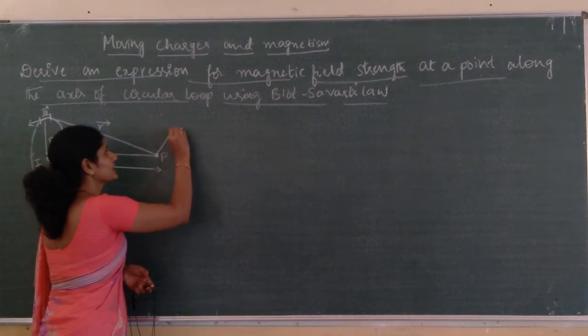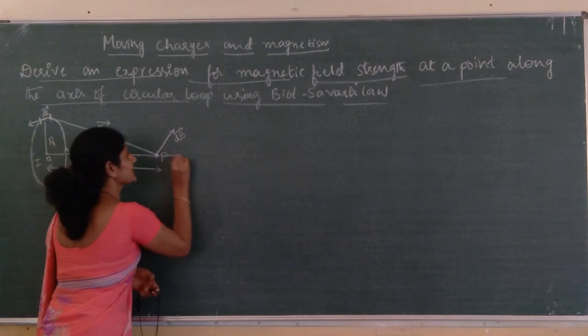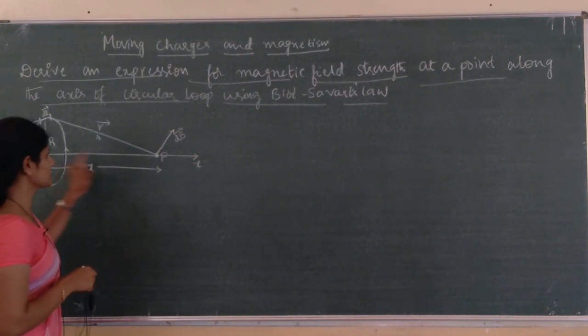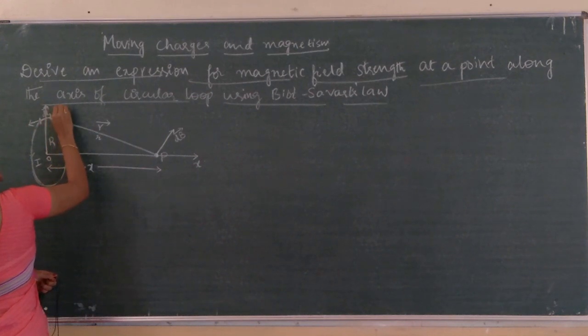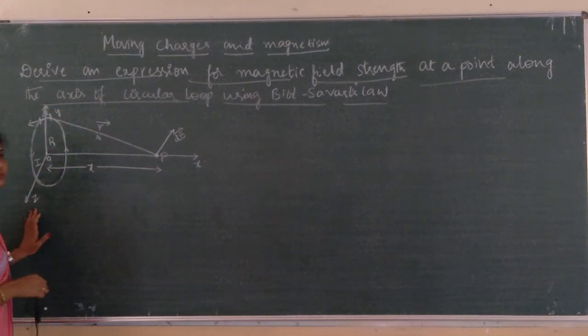This dB vector is making some angle with the x axis. So this is the x axis, this is the y axis, and this is the z axis.